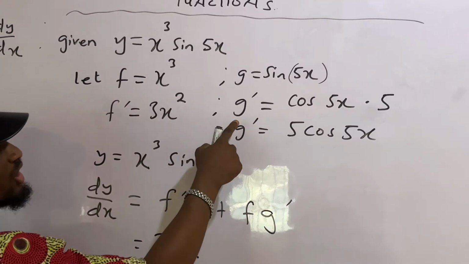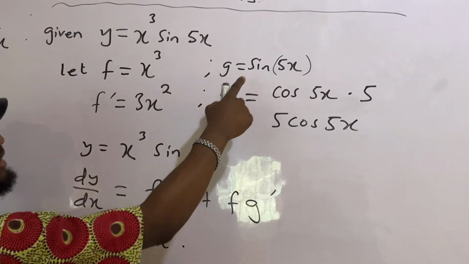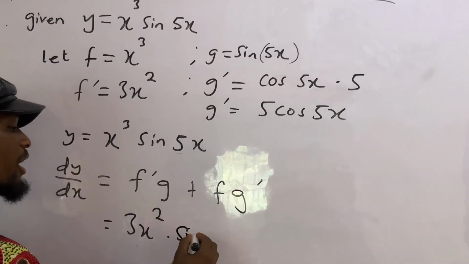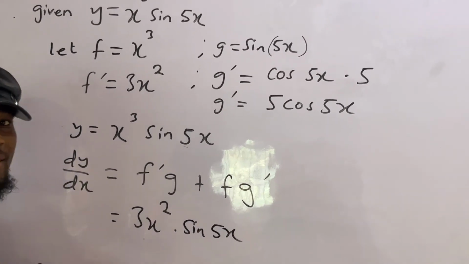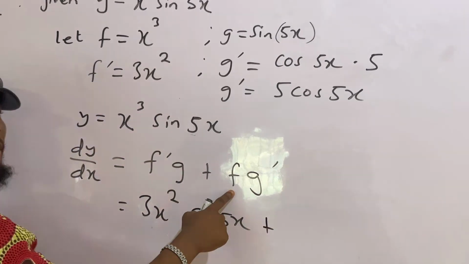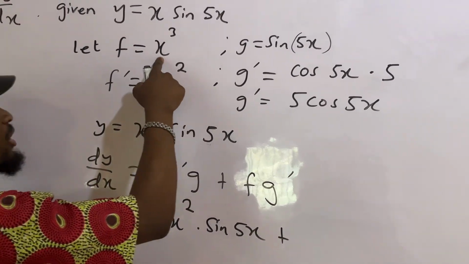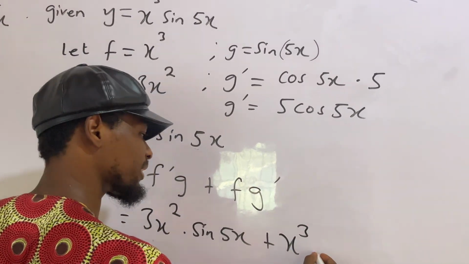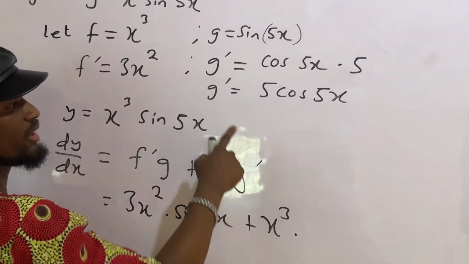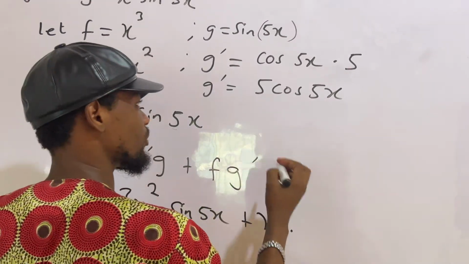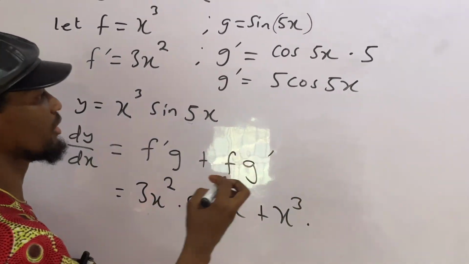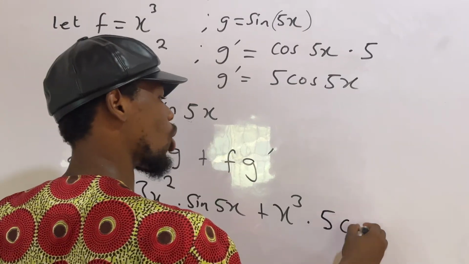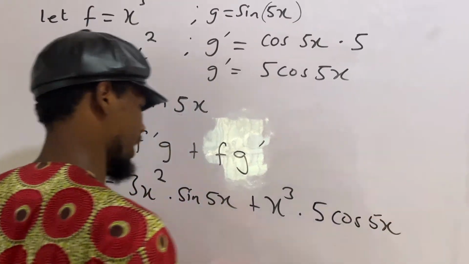Do I know j? This is my j, which is sine 5x. Then plus, do I know f? This is f, which is x to the power 3, x cubed, then times, do I know j prime? j prime is 5 cos 5x.